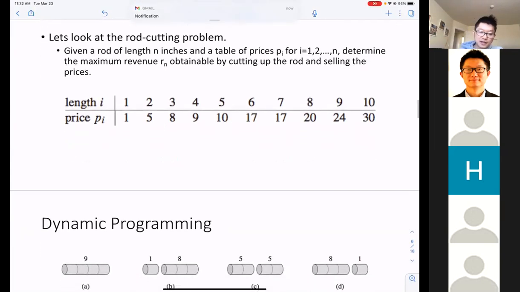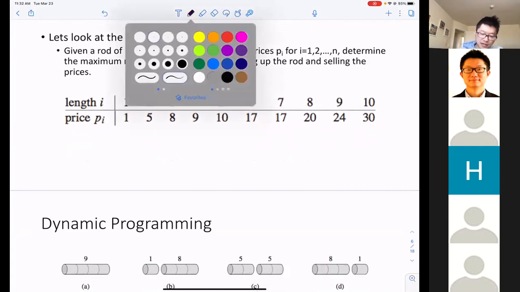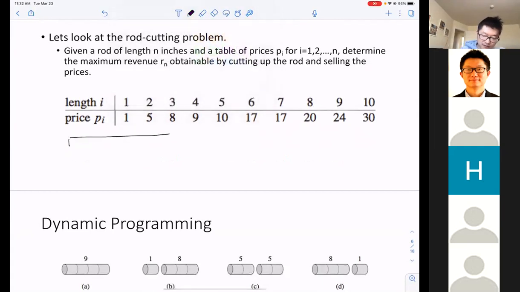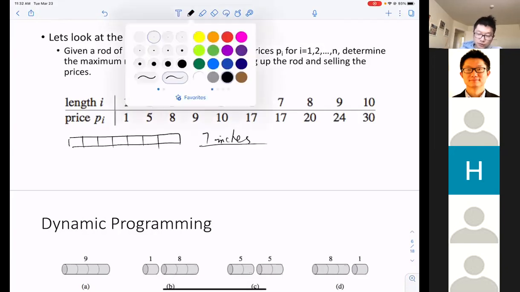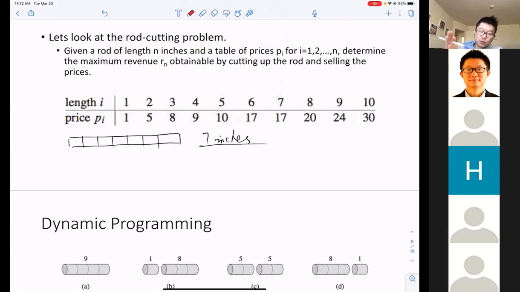Then what you are asked to do is this. Suppose that you are given a rod of length 7 inches. You are allowed to cut this rod in any way that you want.